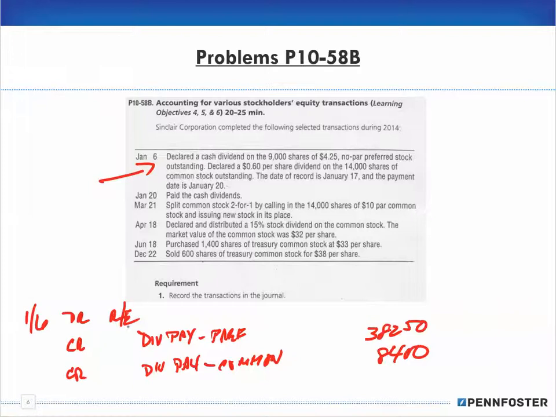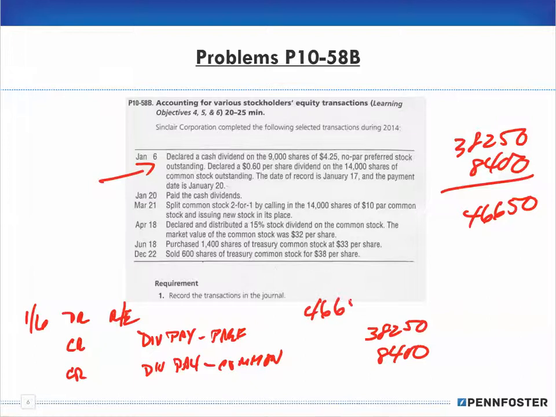To get retained earnings, we add the 38,250 plus the 8,400, and that gives us 46,650. So 46,650 is the debit to retained earnings. Just realize that you're looking at paying a dividend here, but it all depends upon the situation as to how much the preferred or the common gets, right?